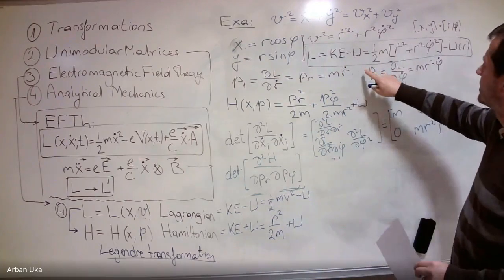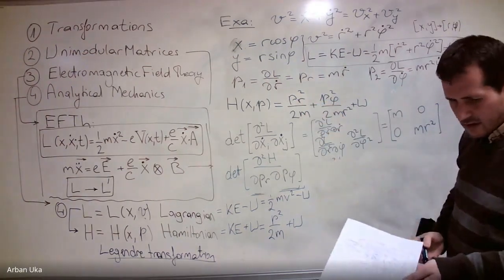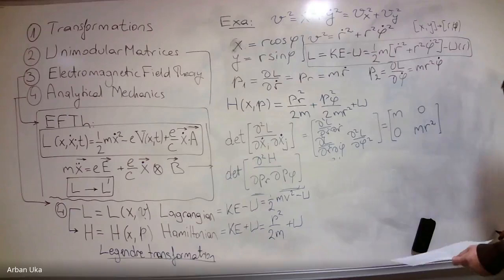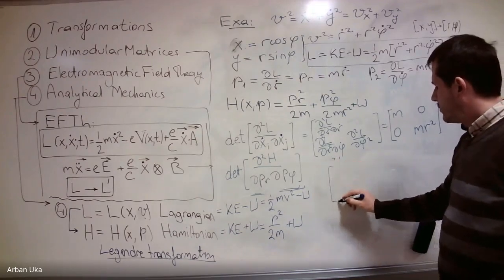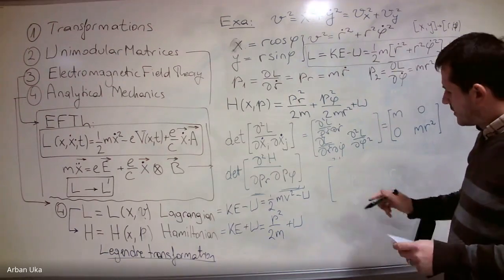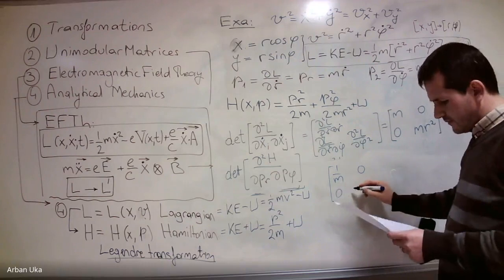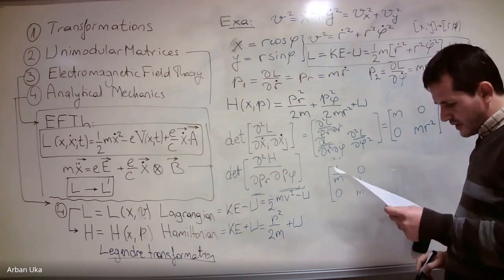So we want to take the derivative with respect to these terms, and if we do that, we get the following matrix. This is 1 over m, this is 0, 0, and 1 over m r squared.